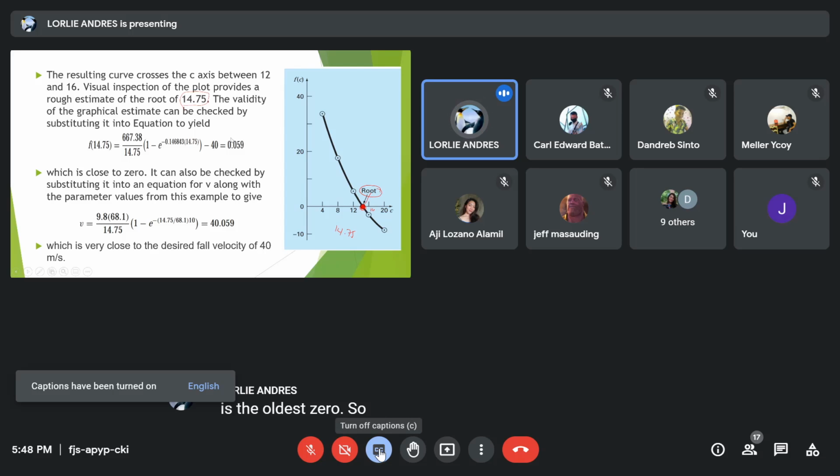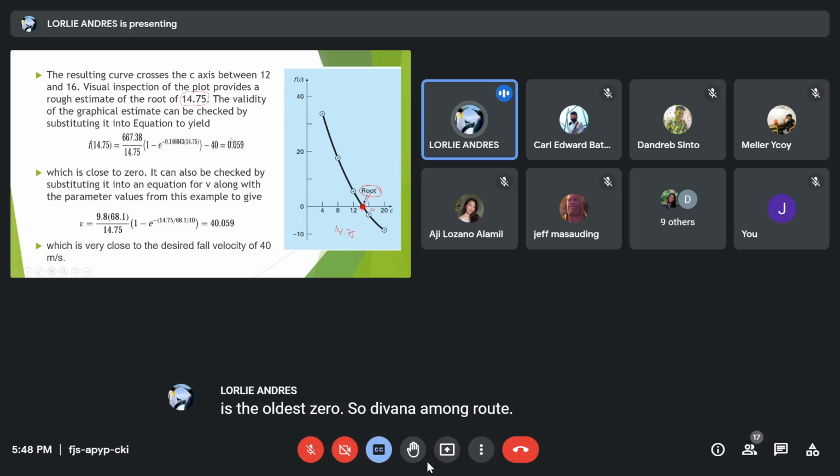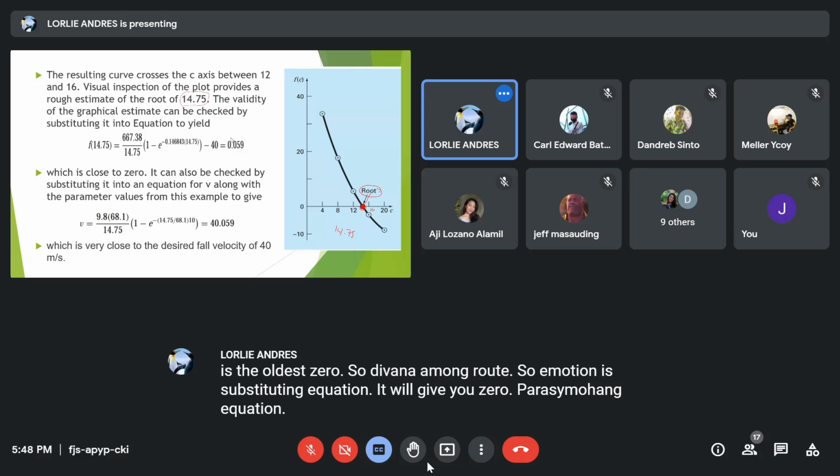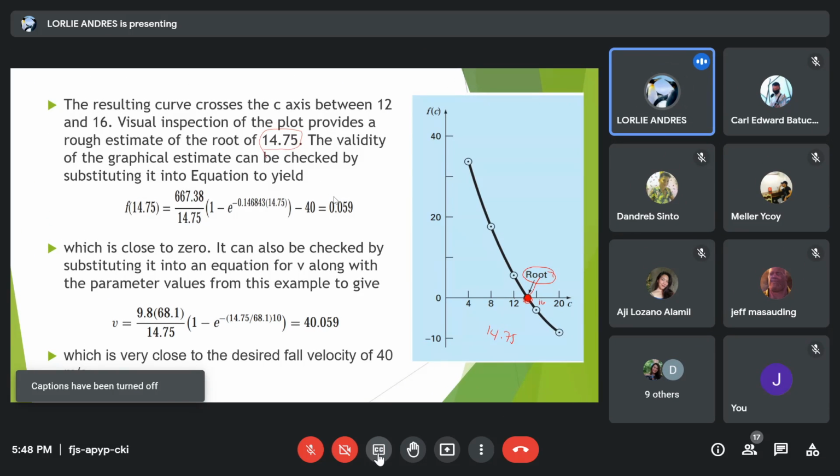So as we said earlier, your root, if you substitute it in your equation, it will give you 0 for your equation. So it will give 0 in your equation. Its result is 0. And then, since this is close to 0, then you can use this 14.75 as your approximate root value for this particular equation.